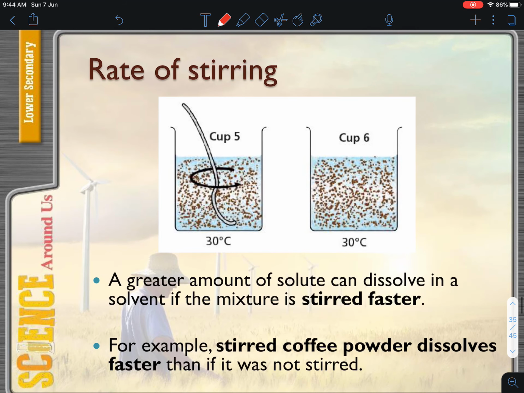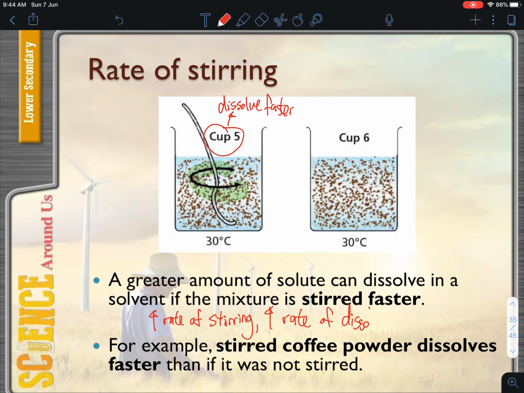So next we look at rate of stirring. Of course, rate of stirring is over here. Cup 5 will be able to dissolve faster. Why is cup 5 able to dissolve faster? Because it has the stirring action, while cup 6 does not have the stirring action. So if you increase the rate of stirring, you would increase the rate of dissolving.